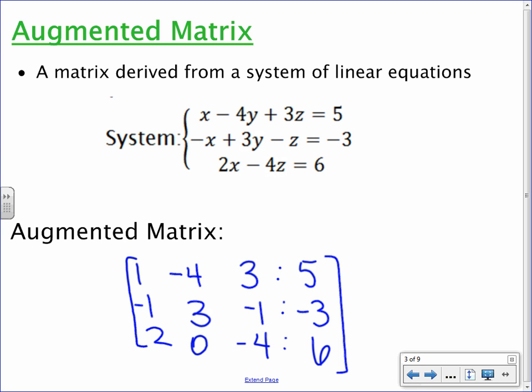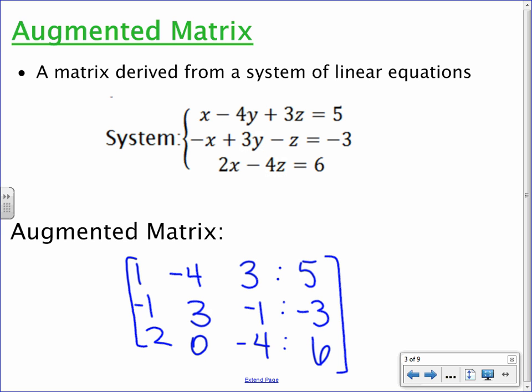This is our augmented matrix that represents our system of equations. We're just getting the basics down today, and then we'll figure out how to work with this to solve it tomorrow. Questions about this augmented matrix?